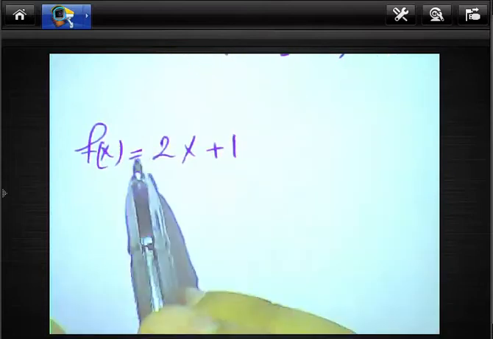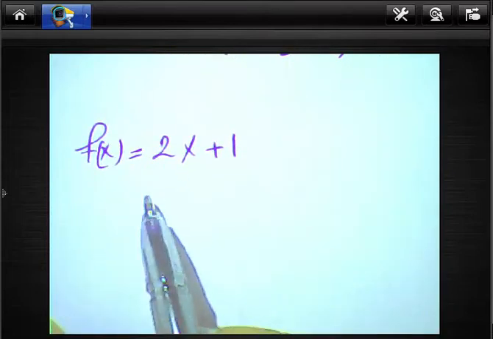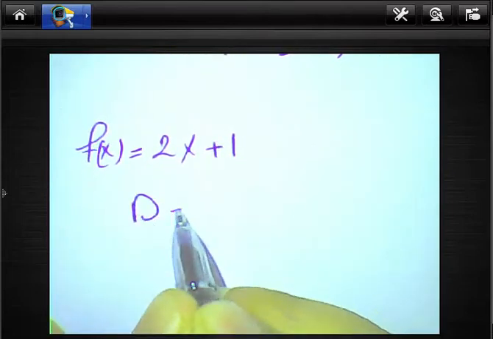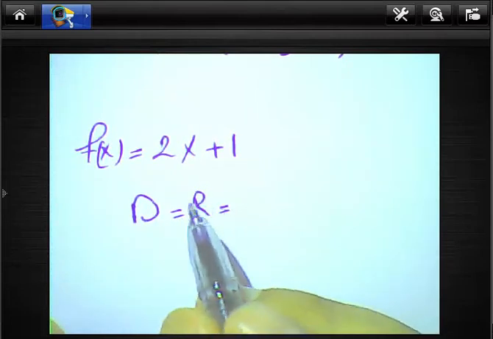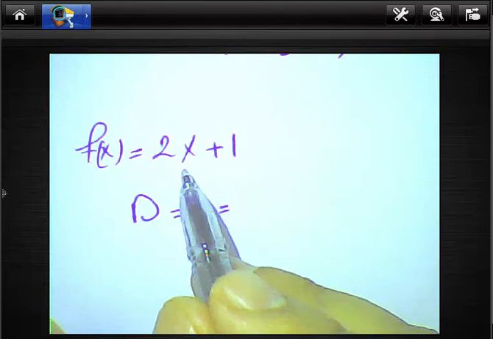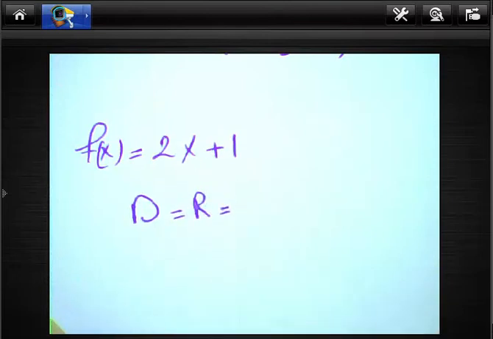And what about f of x equal to x? The domain will be R, the real numbers. Because if you want to find the result for any digit, you can write here 2 or 3 or 4, or some digits such as -5 and so on.